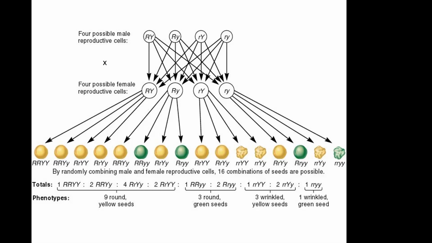How many total genotype types are there? Well, there's 1 like this, plus 2 heterozygotes, plus 1 homozygous recessive. So you just turn those to pluses. What if you had another one?